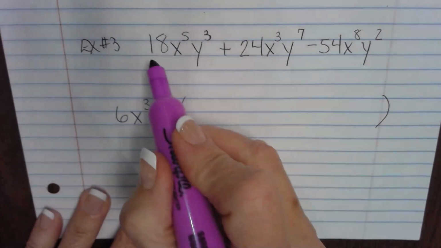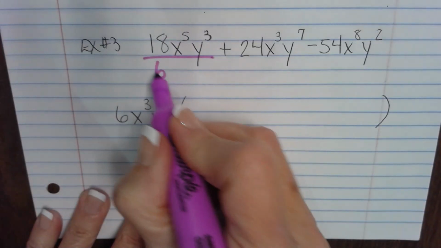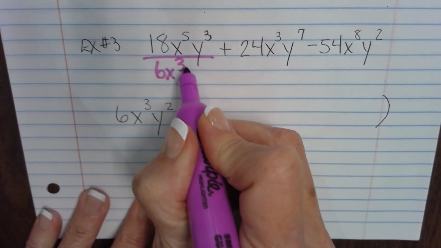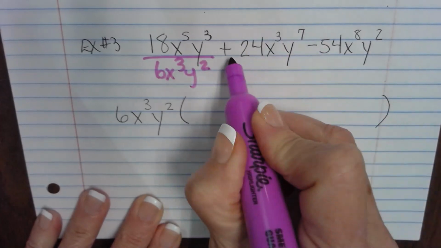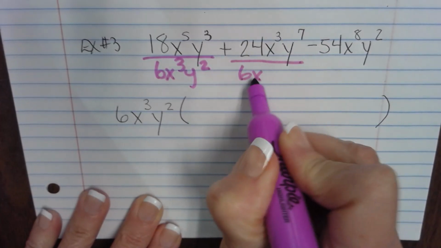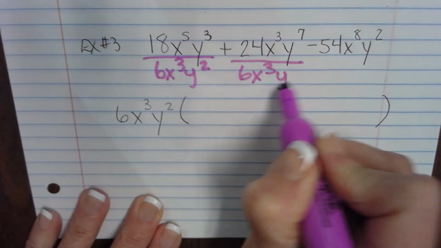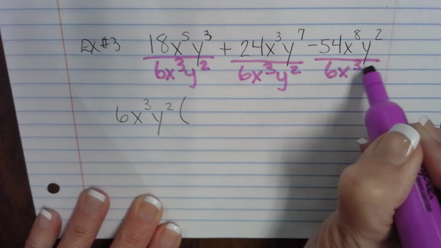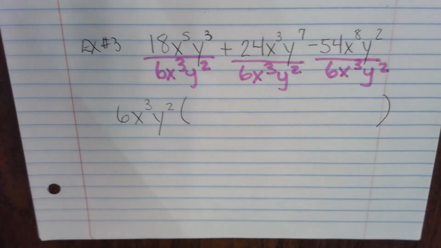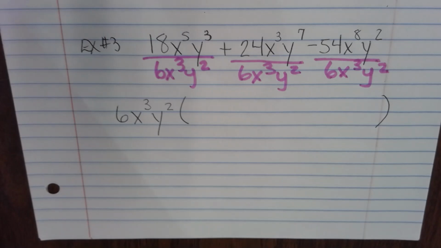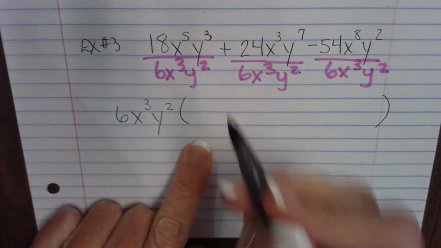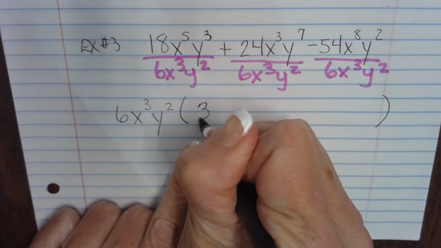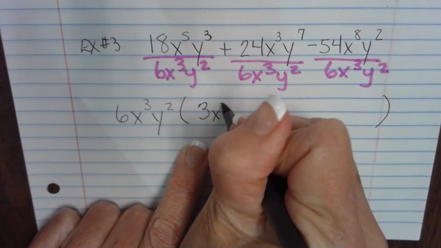All right, if I can get everybody's attention. We're dividing every term by the greatest common factor. So in the parentheses, in the first slot, we should have 3x squared y.